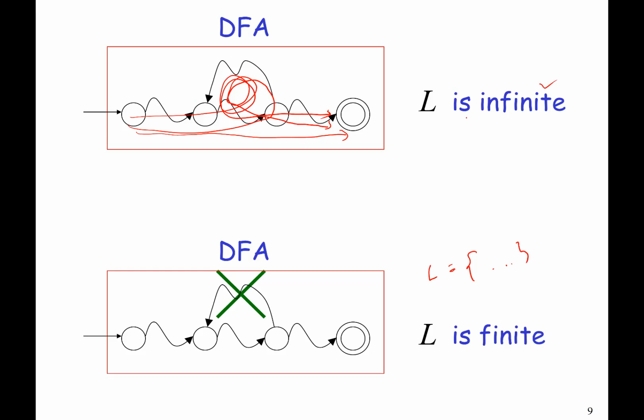We will expand on this property a little later, but on the face of it, if there's a loop on the path from the initial state to the final state, it's an infinite language. If there's no loop, it is a finite language.